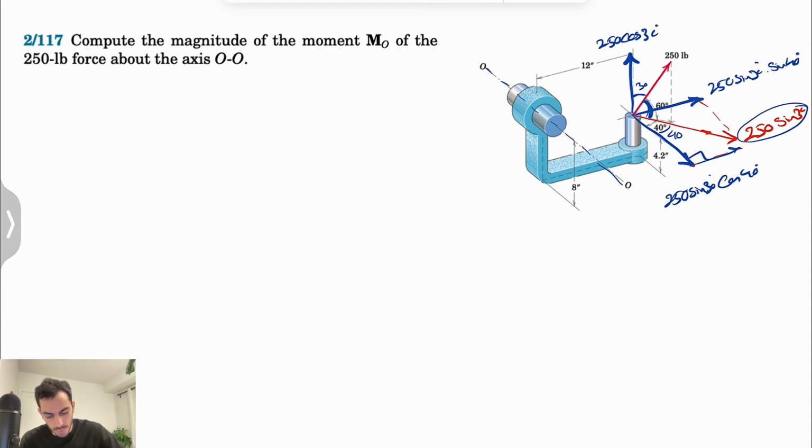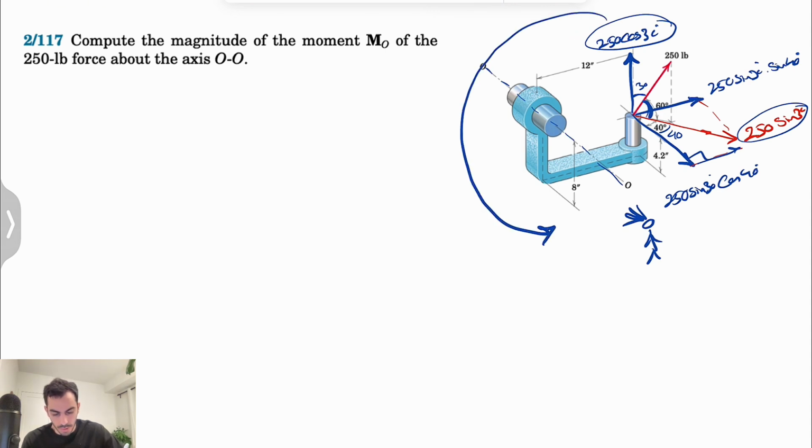So we can find all these forces in here. The way we're going to look at this, from the point of view of this guy, is the moment of these forces on the right hand side. If we look at this force, we can see that it is going to make a moment in this direction about the axis OO, which is a counterclockwise moment.